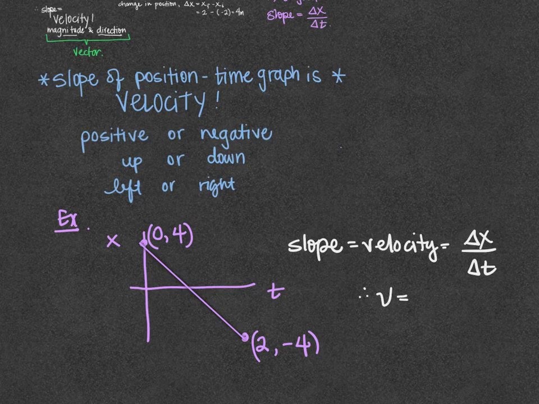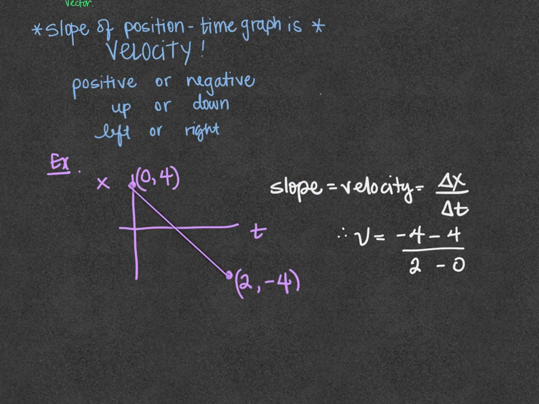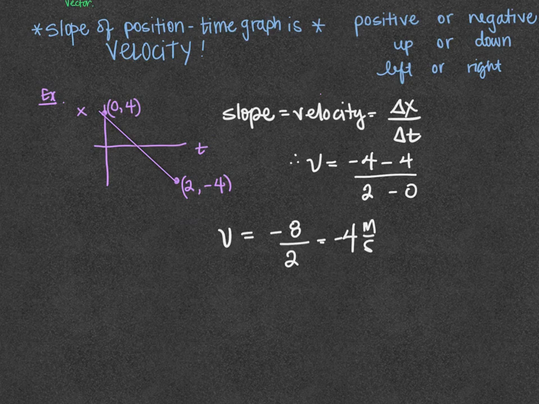So therefore our velocity, use a script v for the velocity, would be negative 4 minus 4, so final position minus initial position. And negative 4 minus 4 is negative 8. 2 minus 0 is 2, and so we get negative 4 meters per second.